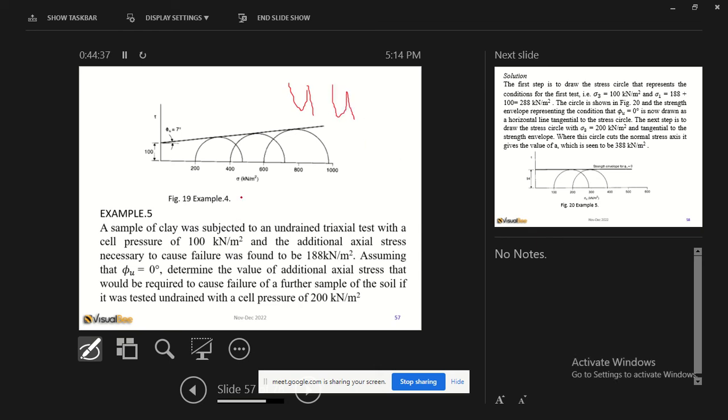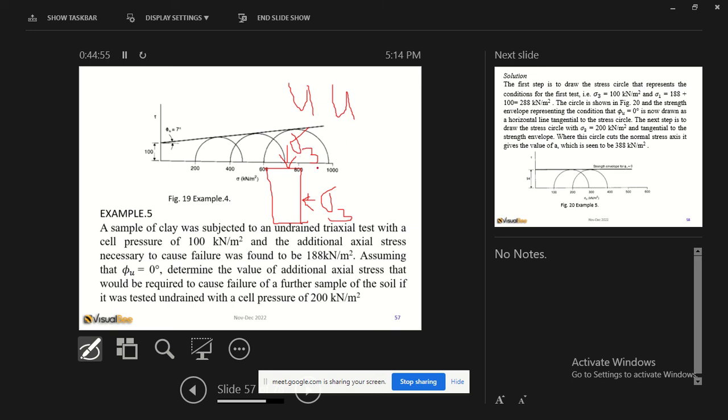So you remember this idea that sometimes the consolidation part is not done. We don't apply it.